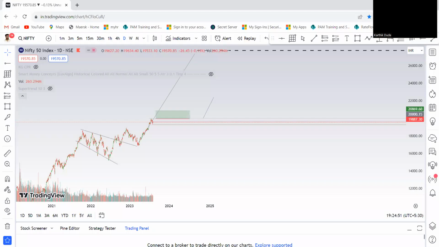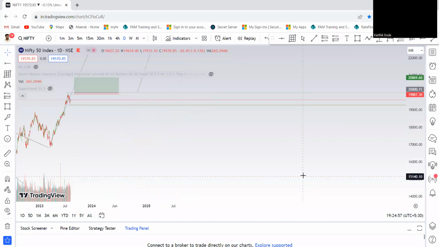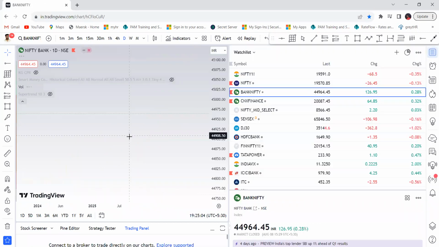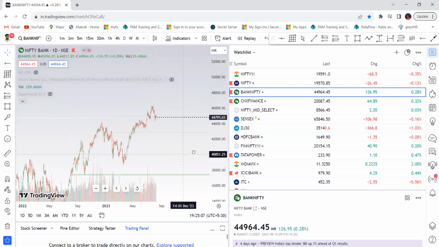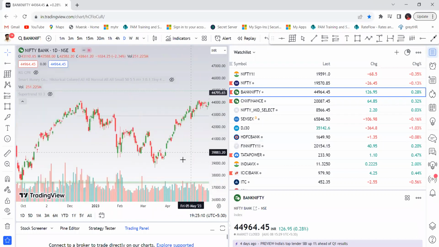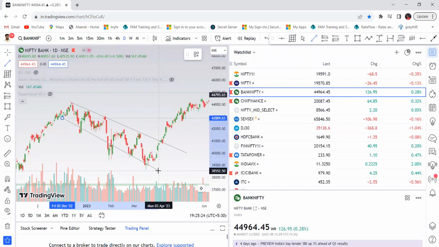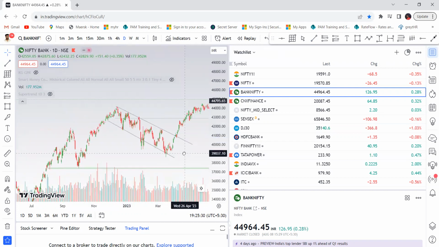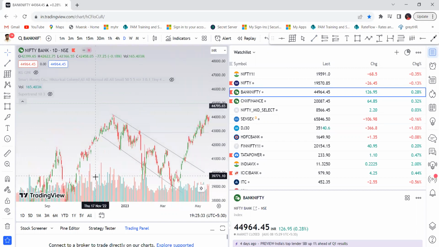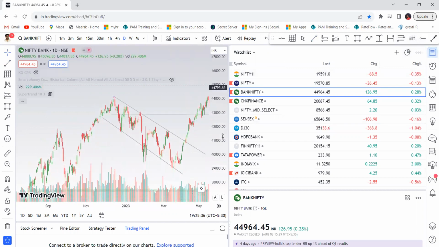Wedge. See, this is basically a wedge pattern.